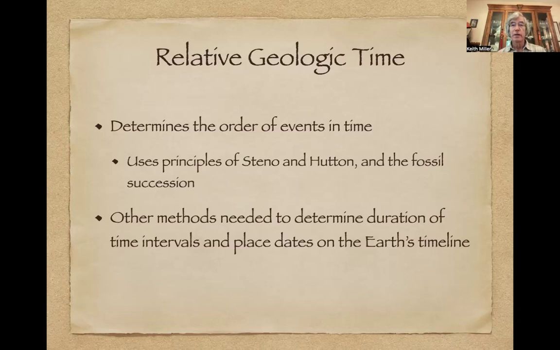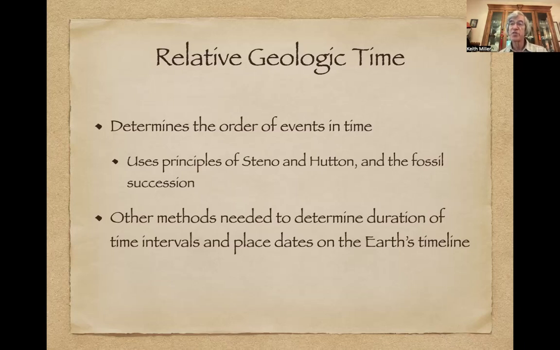Okay. That's a part of relative geologic time, which I'm not going to focus on in this video. Relative geologic time simply determines the order of events. And that goes back to what are called the stratigraphic principles of Steno and then later Hutton and some others, and the fossil succession.